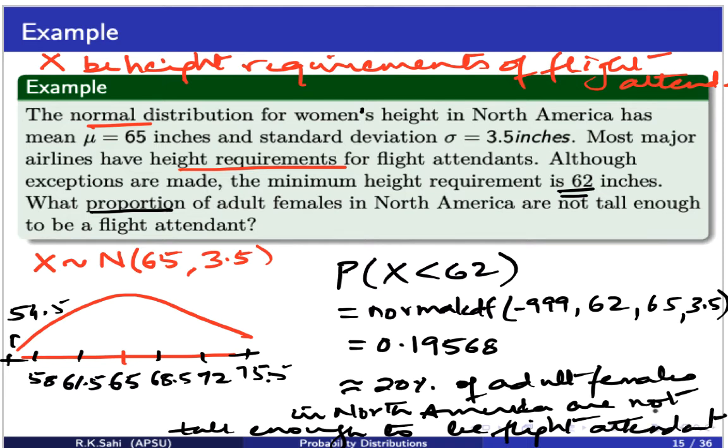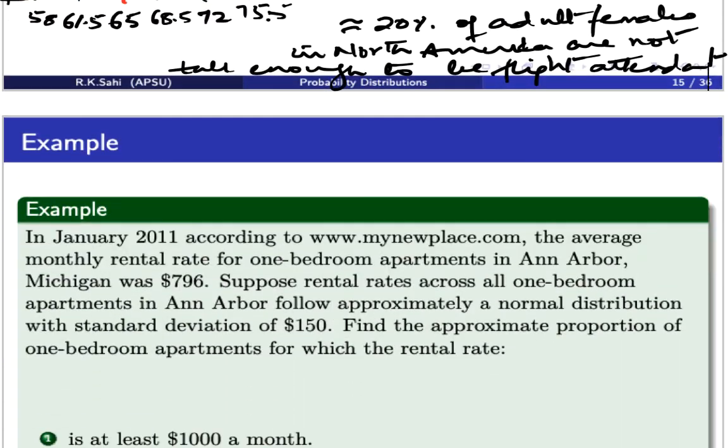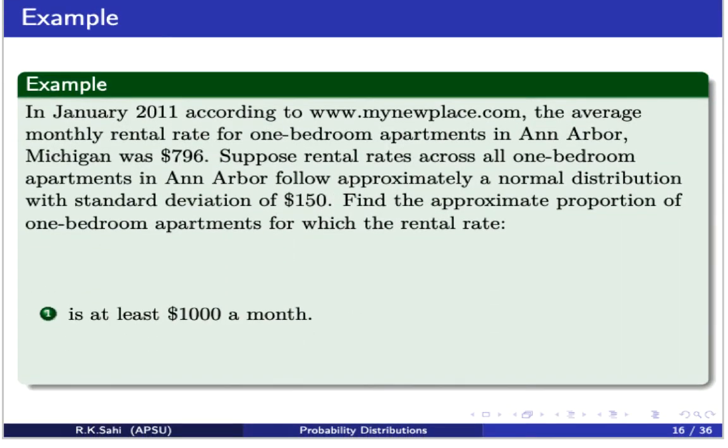Okay, now let's look at one more example here. We are talking about monthly rental rates. In January of 2011, according to mynewplace.com, the average monthly rental rate for a one-bedroom apartment in Ann Arbor, Michigan was $796.